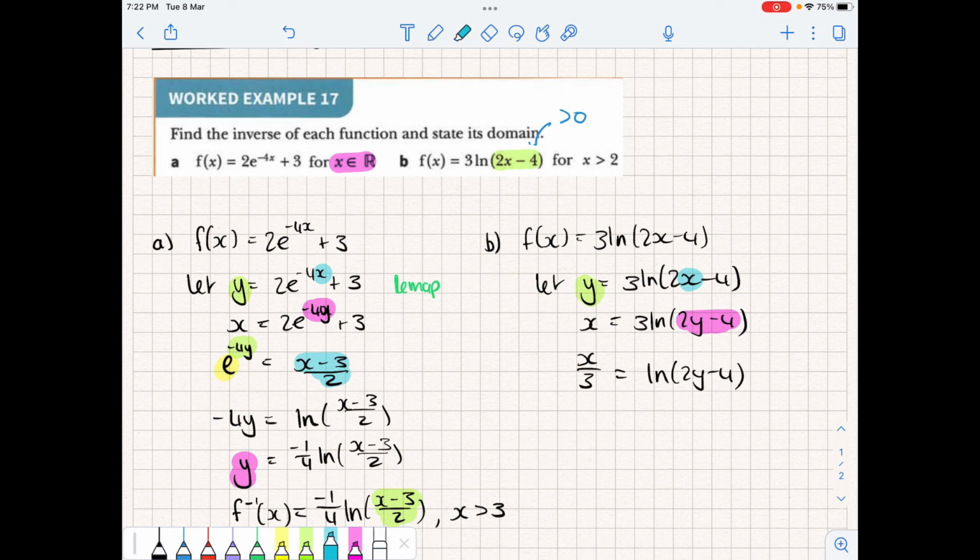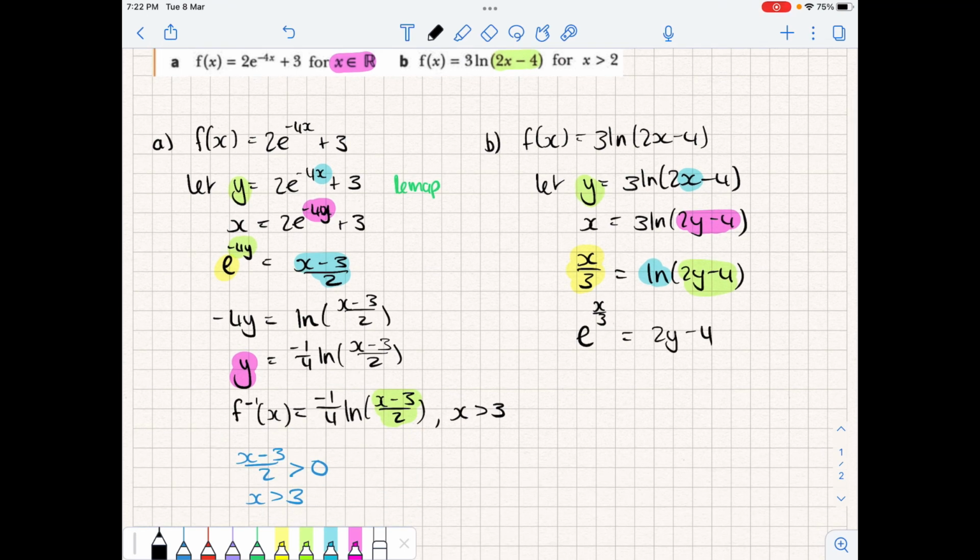Now remember, the natural log is just log to base e, so when we change to exponential form, we change it to base e. This is the exponent, and this is the value. So the exponent goes on top of the base, and this is equal to the value, which is 2y minus 4. Okay, almost done.